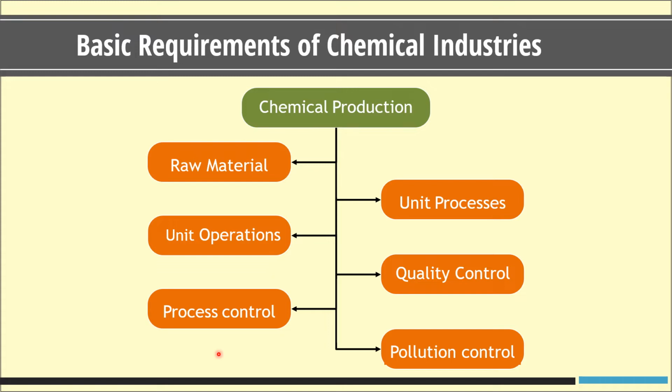Suppose I am the industrialist and I am manufacturing some kind of product, it should not lead to pollution. The pollution creates harm to humanity. It causes some dangerous effects on surroundings.